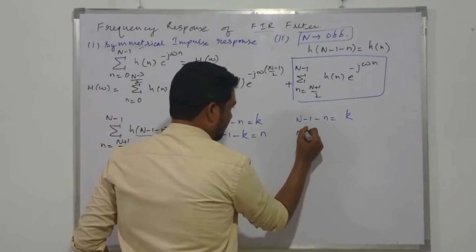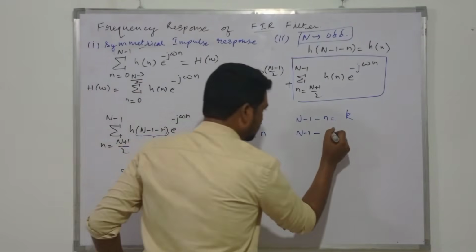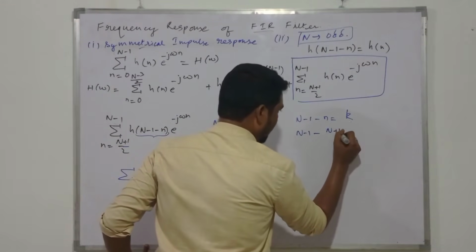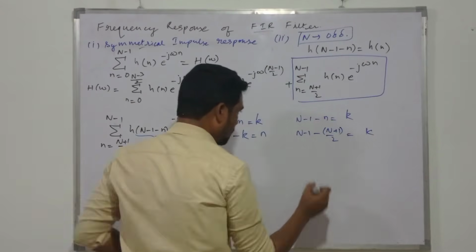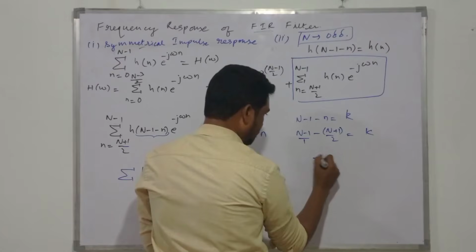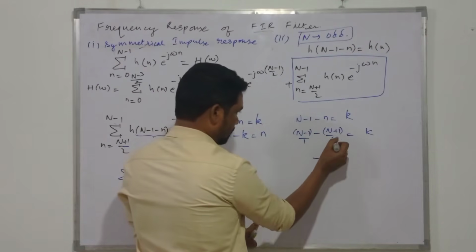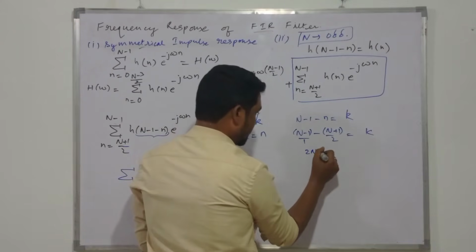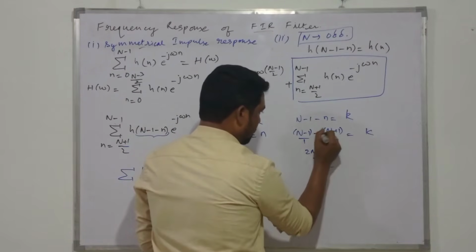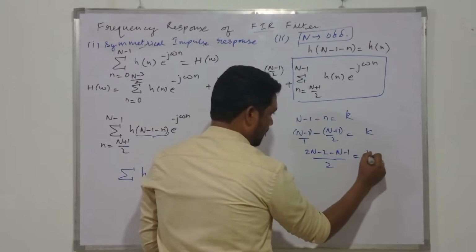So N-1-(N+1)/2, finding the LCM, 2 times of N, 2N, cross multiplying, minus 2, minus of (N+1), which is equal to k.